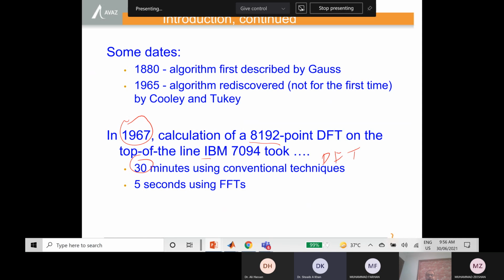They showed that they could do it in only 5 seconds. Just imagine the revolution they brought to digital signal processing. Otherwise it was all theory signal processing.